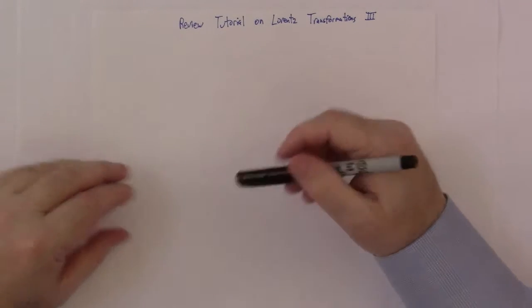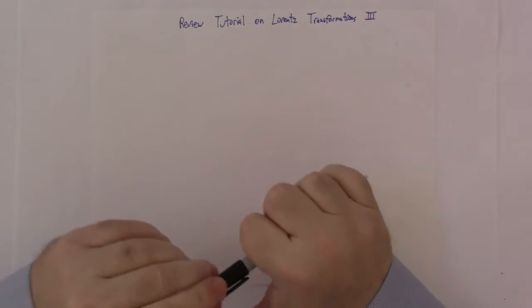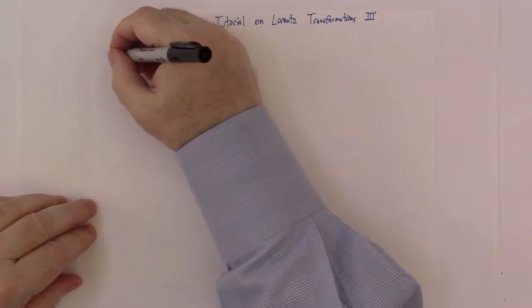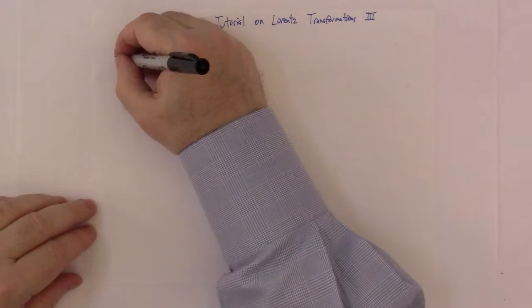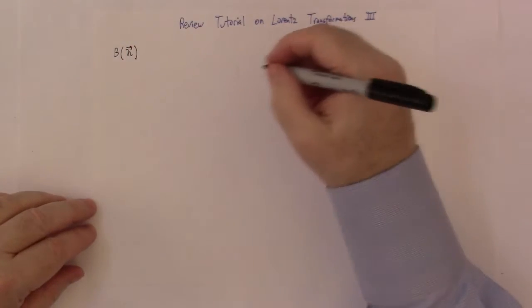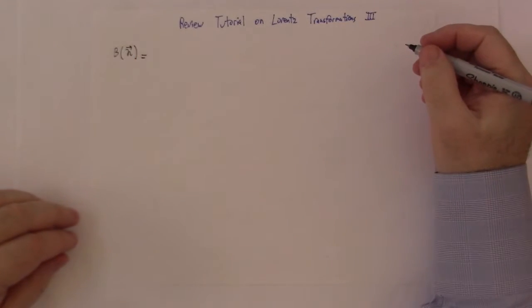And when we finished last time, I had written out the boost matrix for a general Lorentz boost with parameters eta, and eta is known as the rapidity parameter.